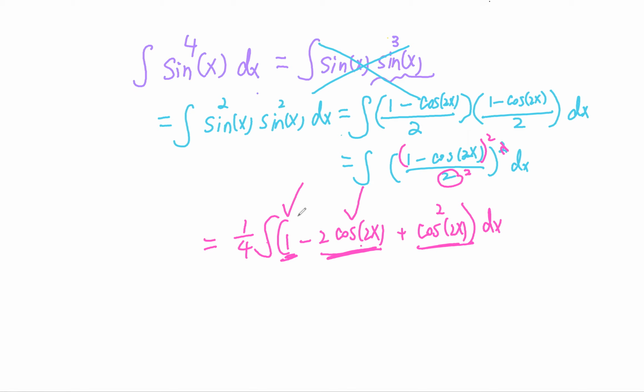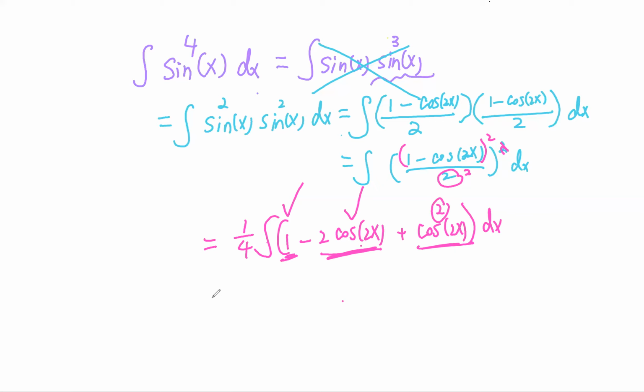We know how to solve the first two. How about the third part? Cosine 2x squared. What's the formula or the method we should apply right here to get that part done? Then this whole problem is done. The double angle formula. We can use the formula again to decrease the exponent right here, right?